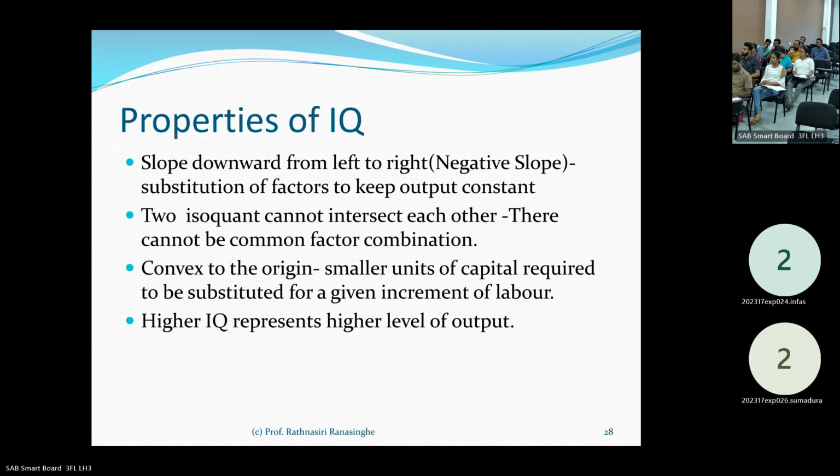So how do we get the total productivity? Average productivity times labor. So you can find the total productivity curve, and then you can take the differentiation of the total productivity curve. That will give the point where the total production is maximized, no?